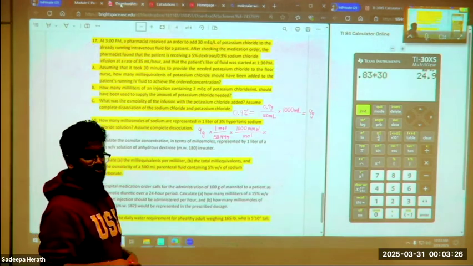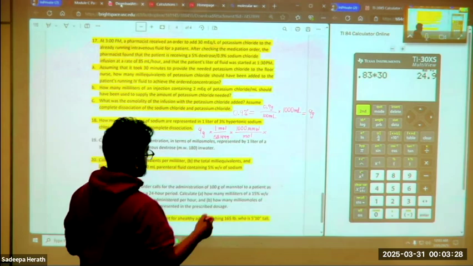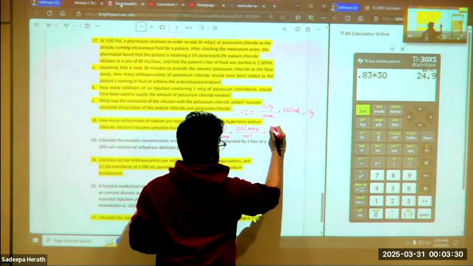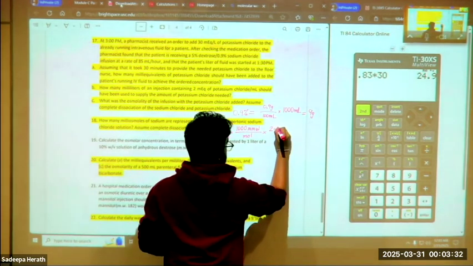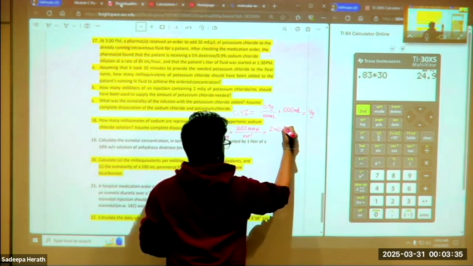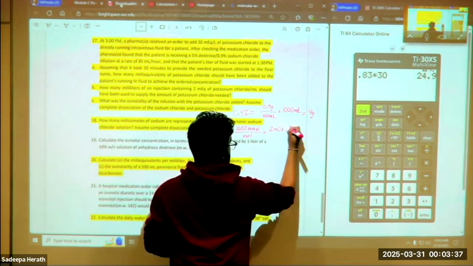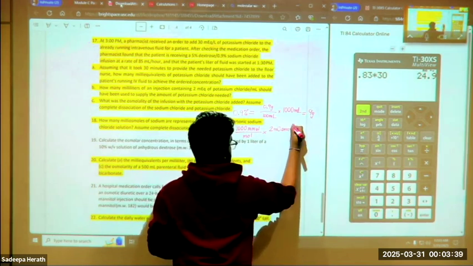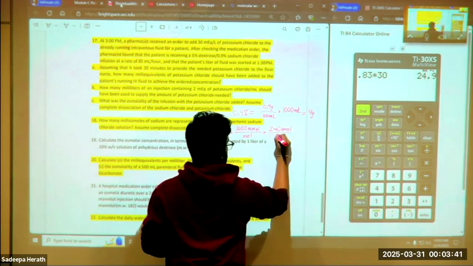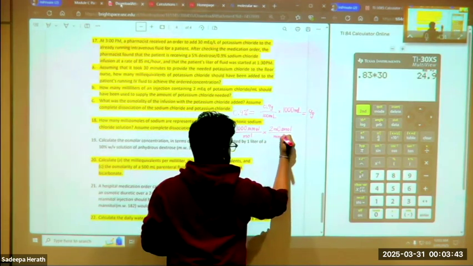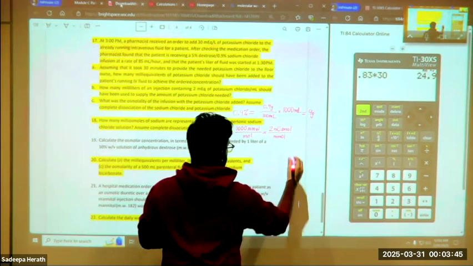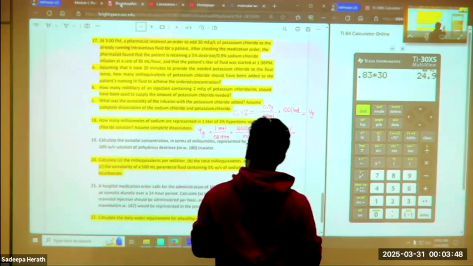So there are 2 parts being considered for milliosmoles. So 2 milliosmoles per millimole.